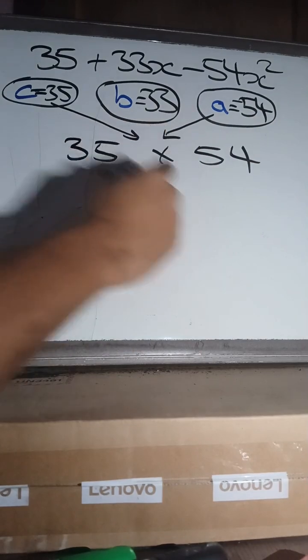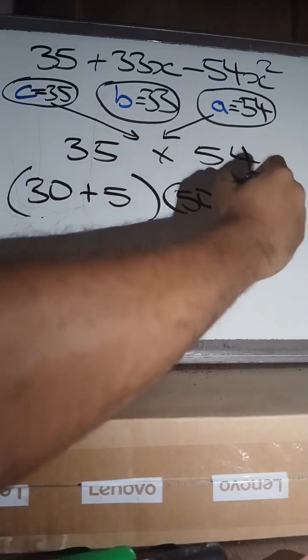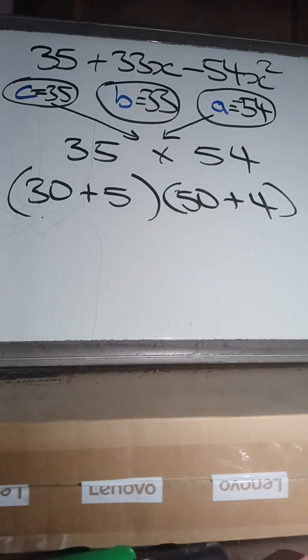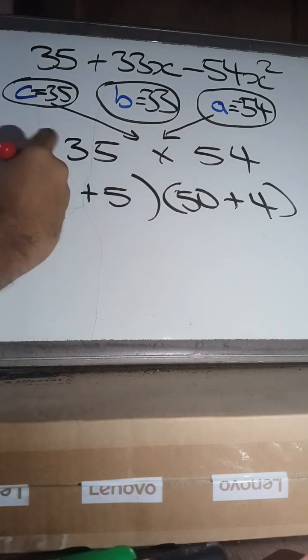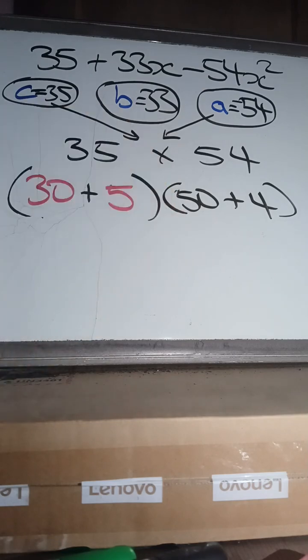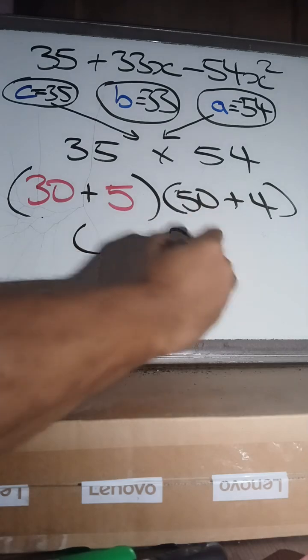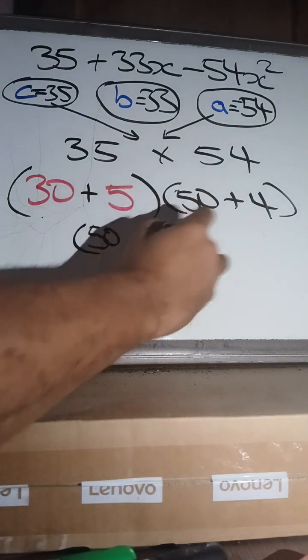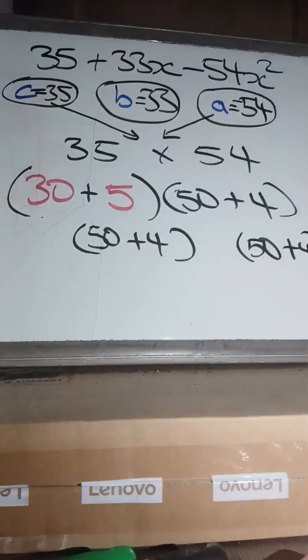And now we have 30 plus 5 times 50 plus 4. Oh, I forgot to color code it. Alright. 30 here, 5 right there. So I'm going to write this down 2 times. So I have 50 plus 4 here, and then, oh, great.